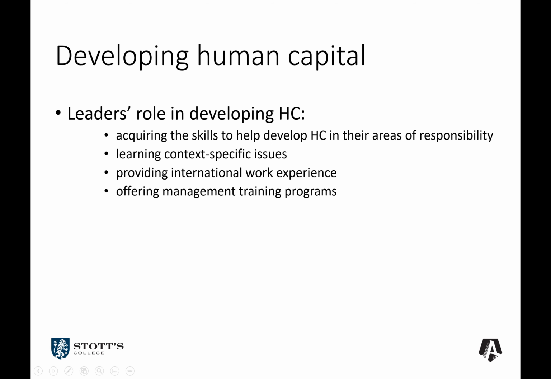Leaders have a large role in developing human capital because they are the people that have the responsibility for acquiring the skills to help develop human capital, to create learning context-specific issues, to provide international work experience, and to offer management training programs. So the leader's role in nurturing human capital comes from their ability to make decisions about those things.